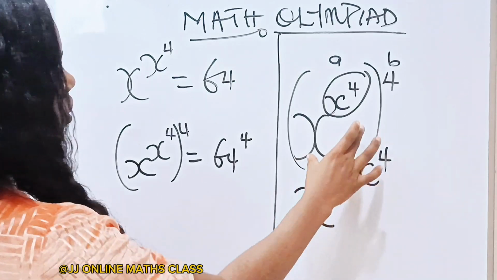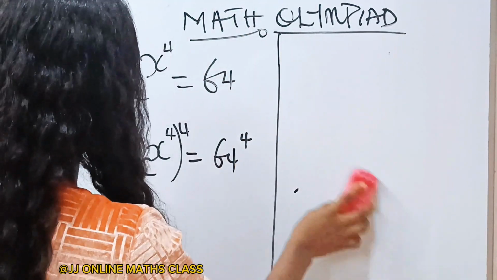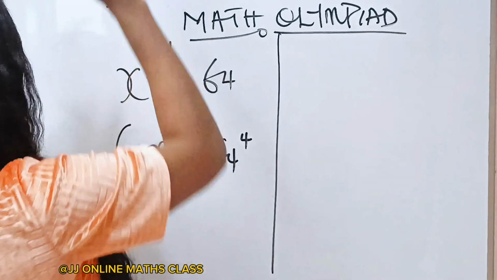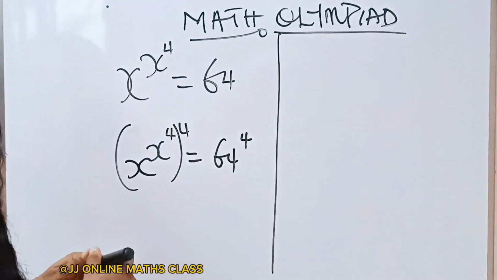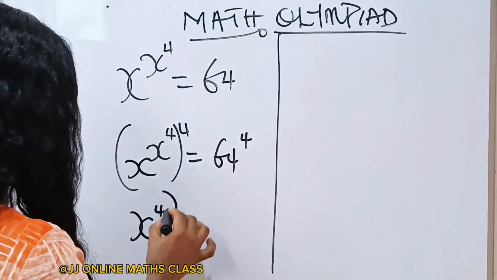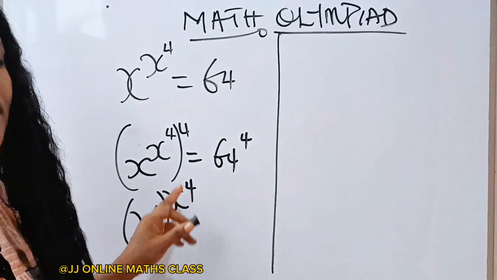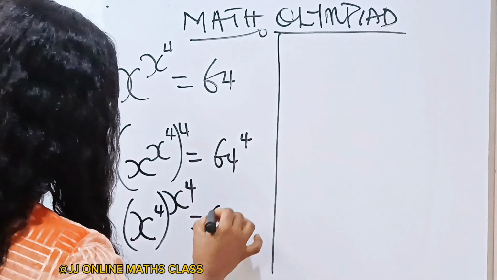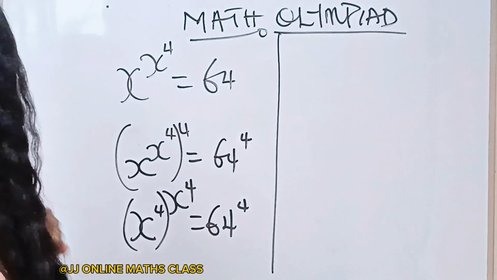So this is equal to this. So I can rewrite this now as x to the power of 4, raised to the power of x to the power of 4, is equal to 64 raised to the power of 4.